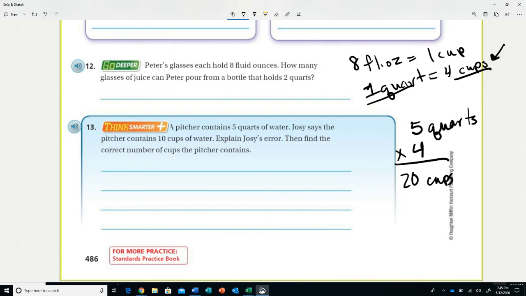So when Josie says the pitcher contains 10 cups of water, she's wrong. You can explain her error however you like. Maybe she was thinking that there's 10 pints of water. Maybe she's just totally wrong. Then you can write your explanation.